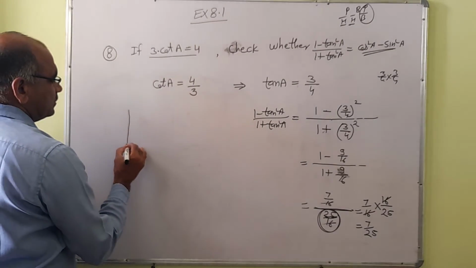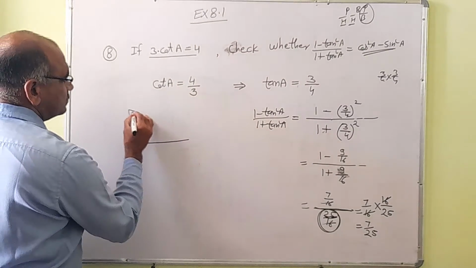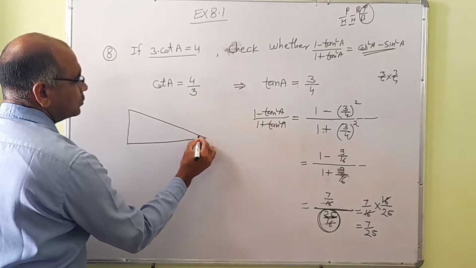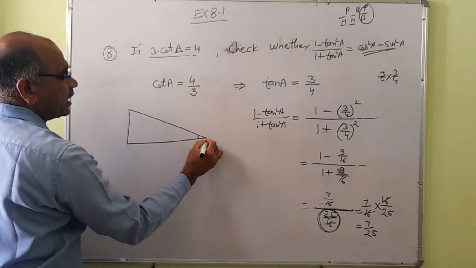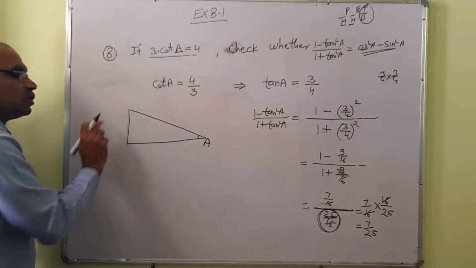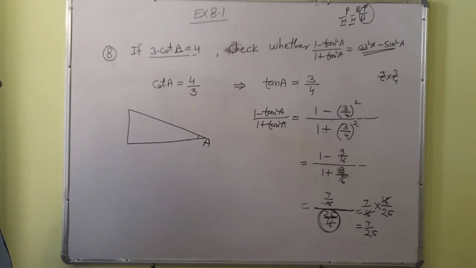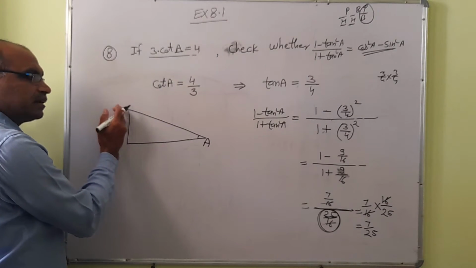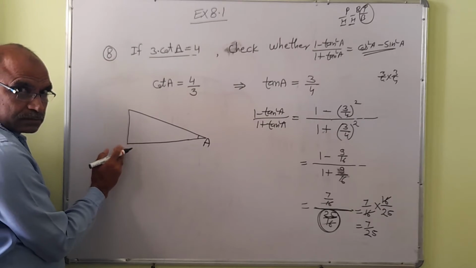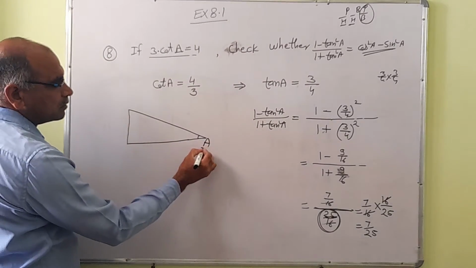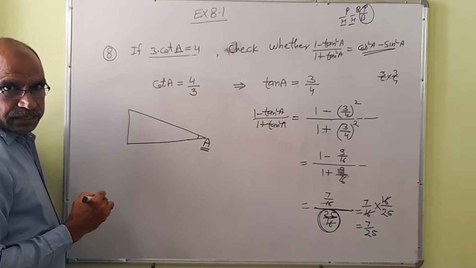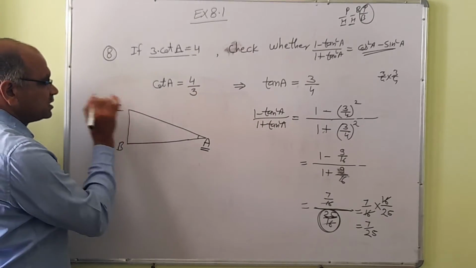So make here right angle triangle. Put here angle A, acute angle. You can assume B and C anywhere. You can assume B here or here. But put here A. B and C.